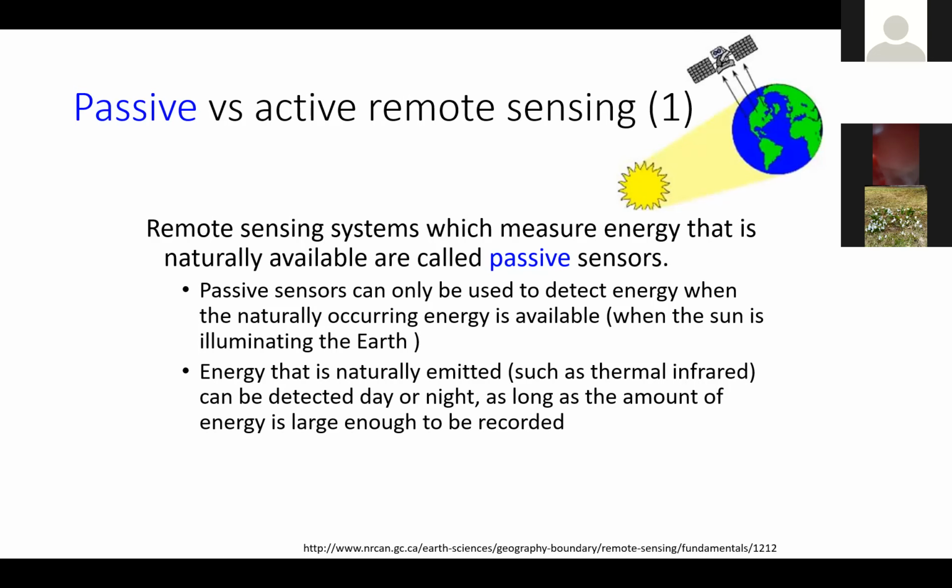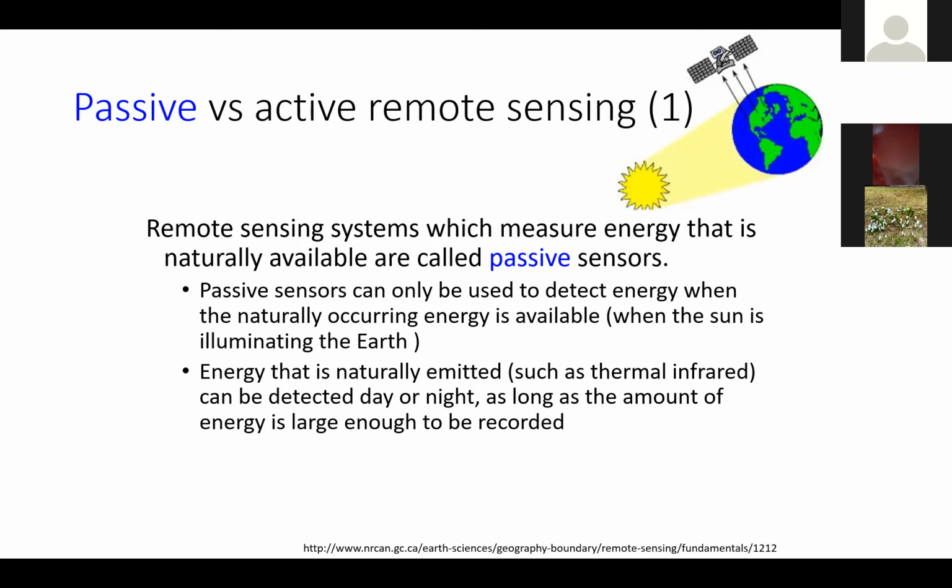Instruments on the satellite platform can be of two different types, passive and active. Remote sensing which measures energy that is naturally available is called passive remote sensing.